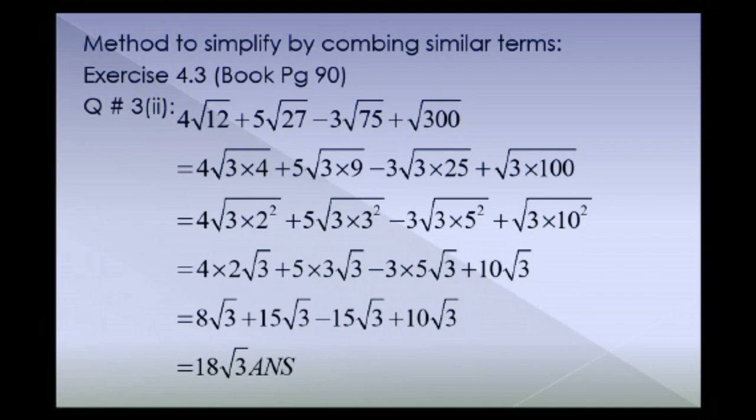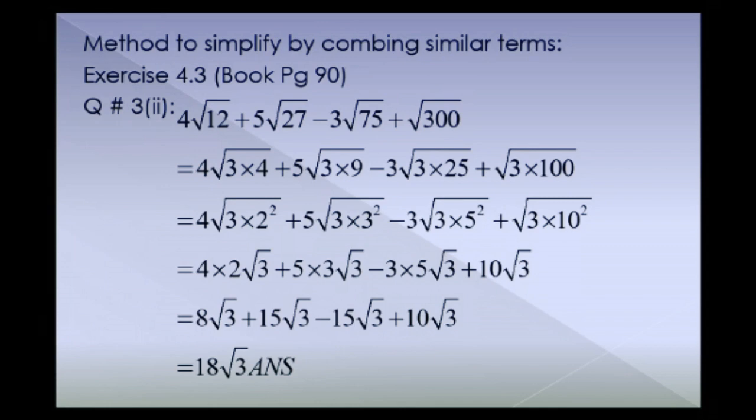Now students, first of all, we will convert the numbers in the radical sign into factors. 12 will be converted into 3 times 4. 27 will be converted into 3 times 9. And 75 will be converted into 3 times 25. Same as 300 is converted into 3 times 100.